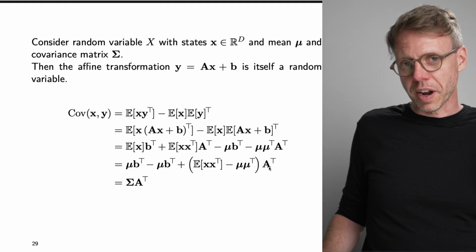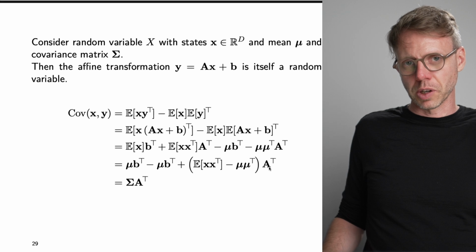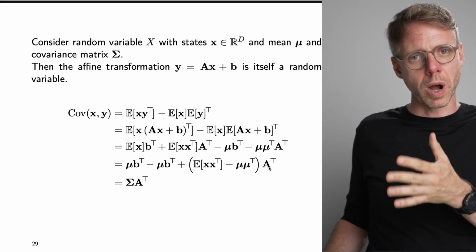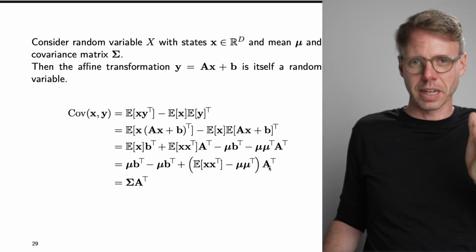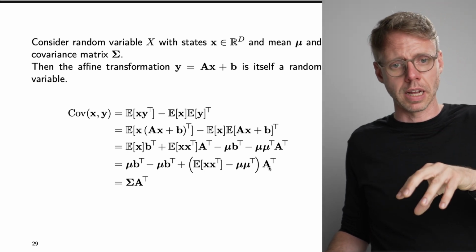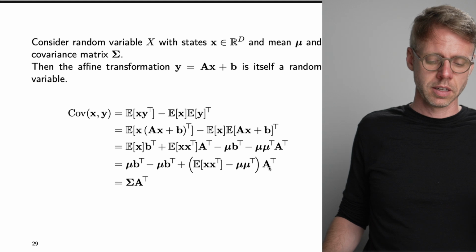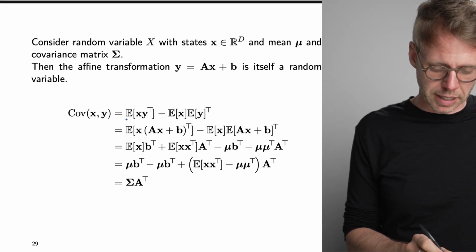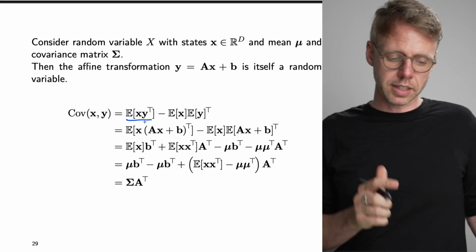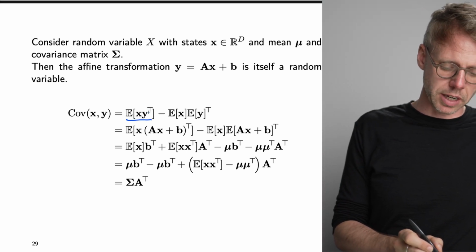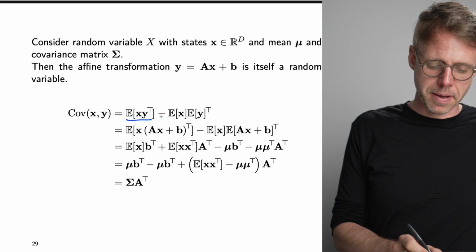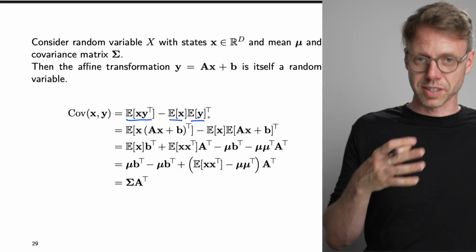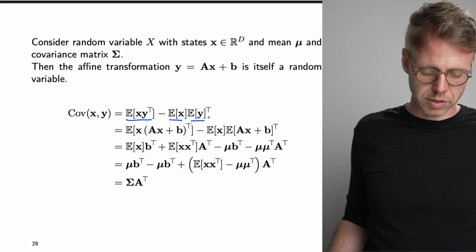Now, what is the covariance between the original x and this transformed variable y? Remember, y is given by Ax plus b. Well, the covariance between x and y is equal to the expected value of the product, so it's the expected value of x y transpose, minus the outer product of the two expected values.